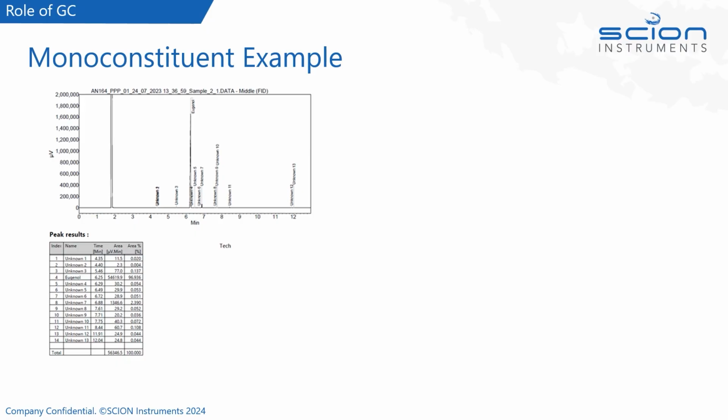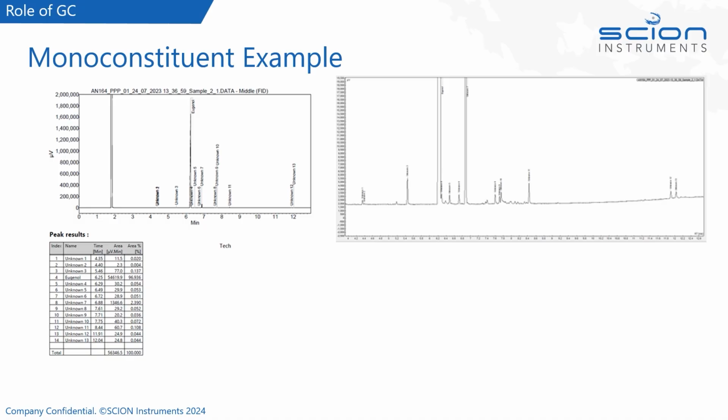We found one unknown impurity greater than 1% at 2.4%. We have an enhanced chromatogram there, so you can see how we've been able to separate out all the different components. We can see the eugenol peak, the main peak there, and then the impurity peak as well as the other smaller impurities that are present within the sample.